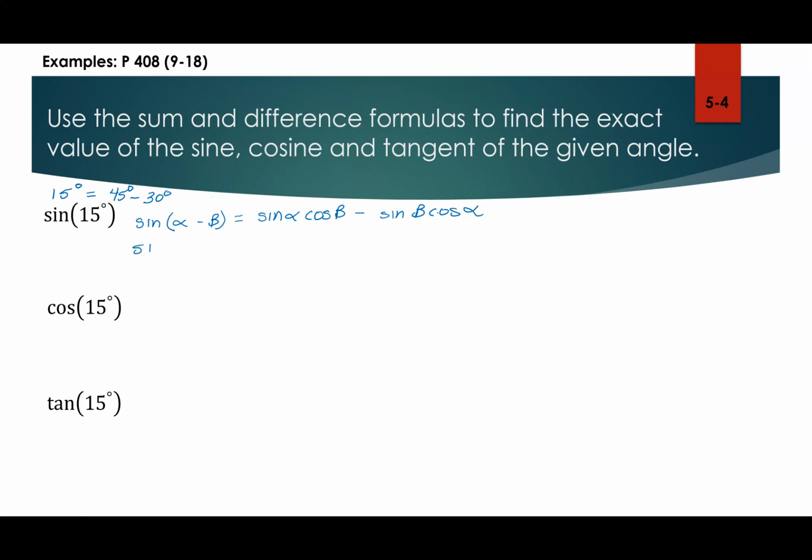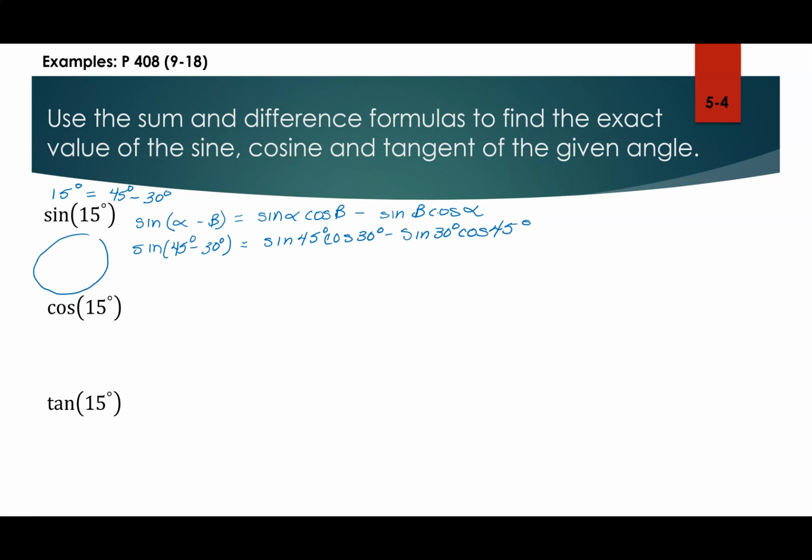Plugging in 45 for alpha and 30 for beta, I get sine of 45 times cosine of 30 minus sine of 30 times cosine of 45.